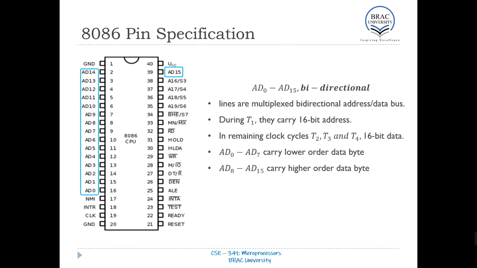The next set of pins we'll look at are the AD0 to AD15 pins, which are pins 2 to 16 and pin 39, as shown in the diagram on the left. These pins are bidirectional, meaning they can be input pins or output pins. AD pins can be used to carry either address bits or data bits, depending on the time period.